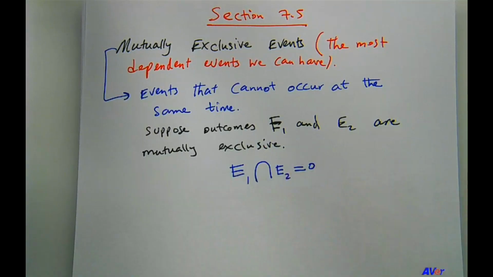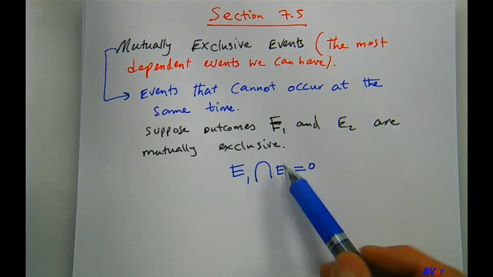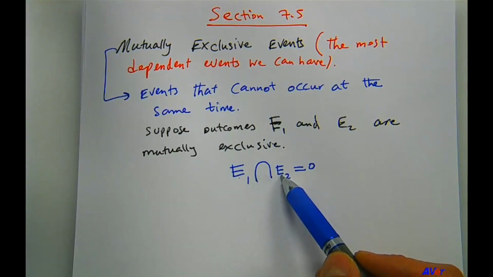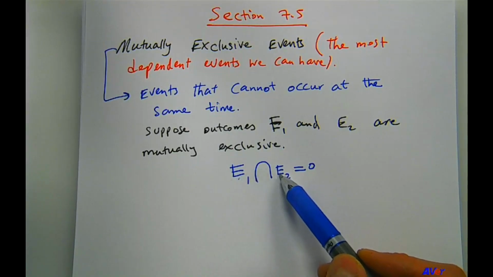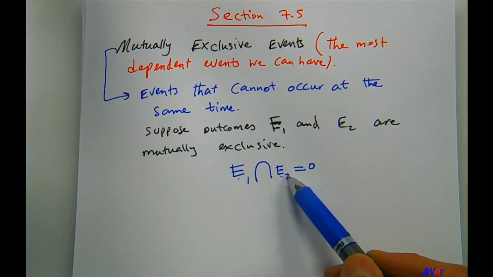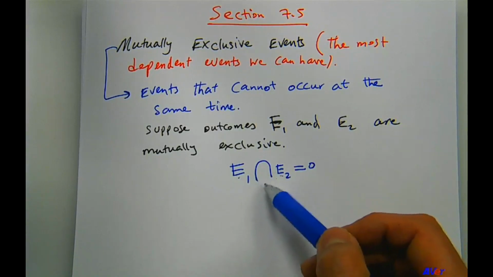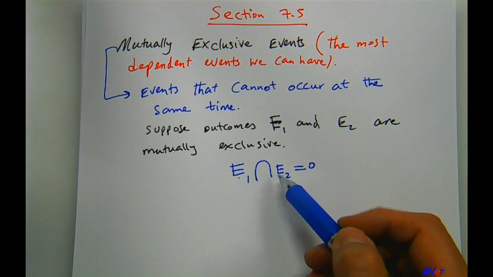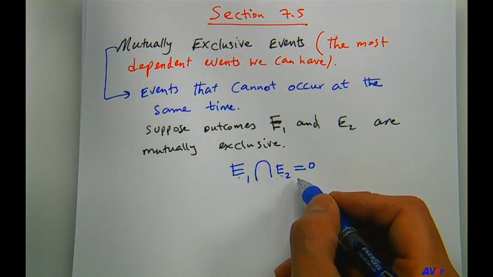Now, E1 and E2 are general names that I'm giving these events, but you can assume E1 and E2 to be anything: occurrence of heads and tails when we flip a coin, or occurrence of 1 and 4 when we roll a die, things like that. By the same token, we can build on this symbolic representation and say, well, if that's true, then the probability of this must also be 0, right?